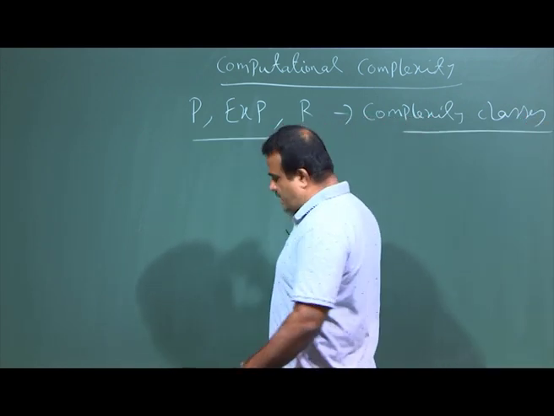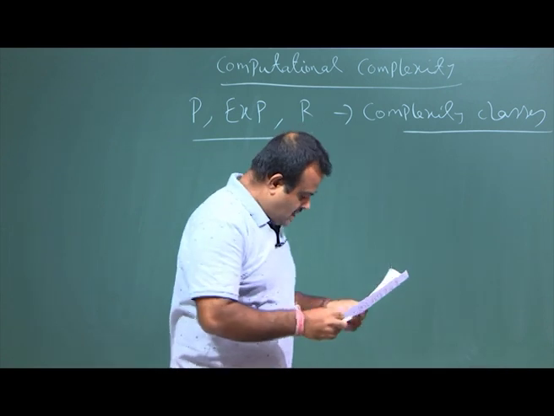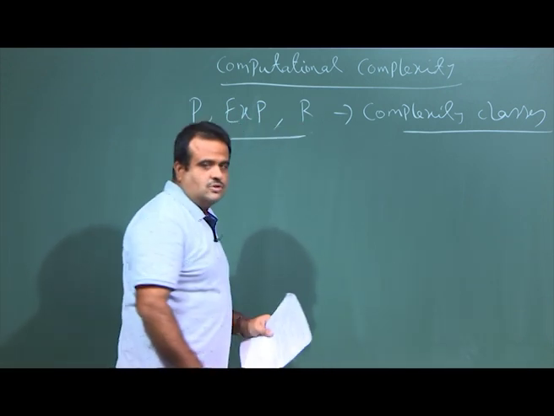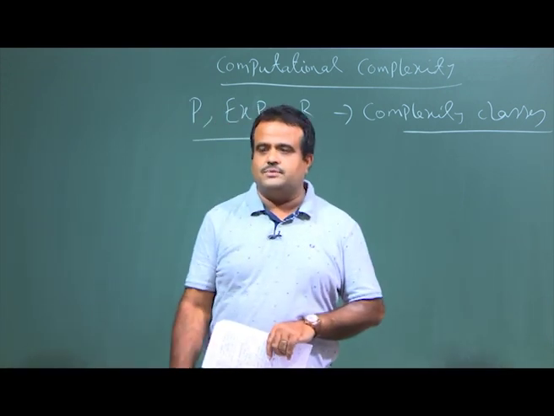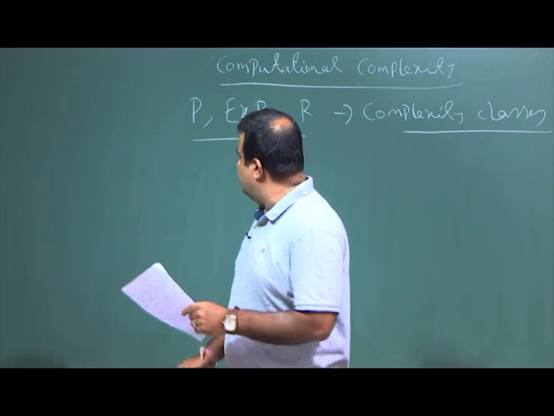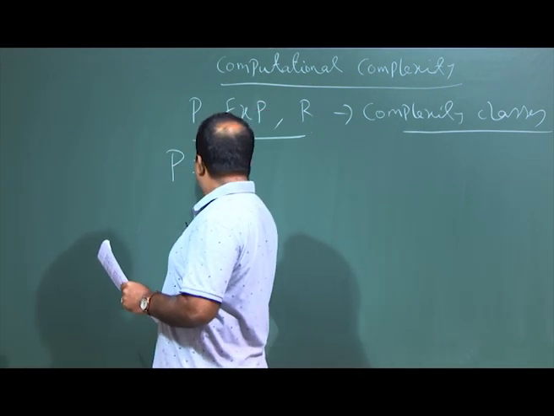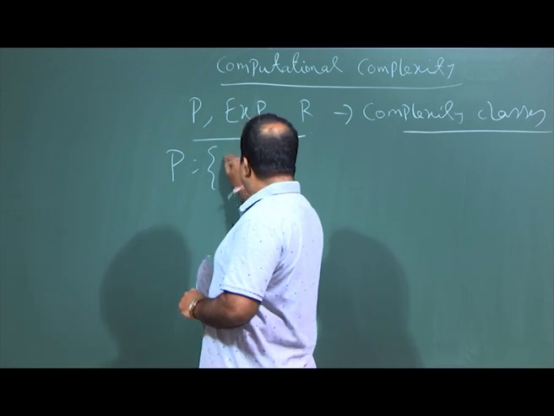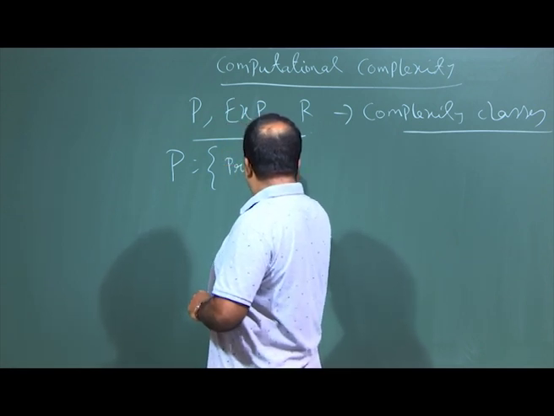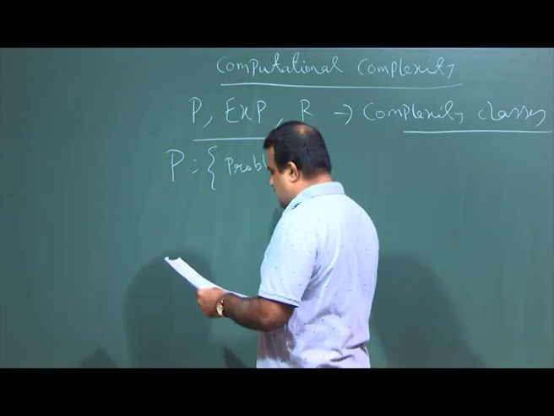So what is P? P is the set of all problems which are solvable in polynomial time. It will take at most polynomial time.